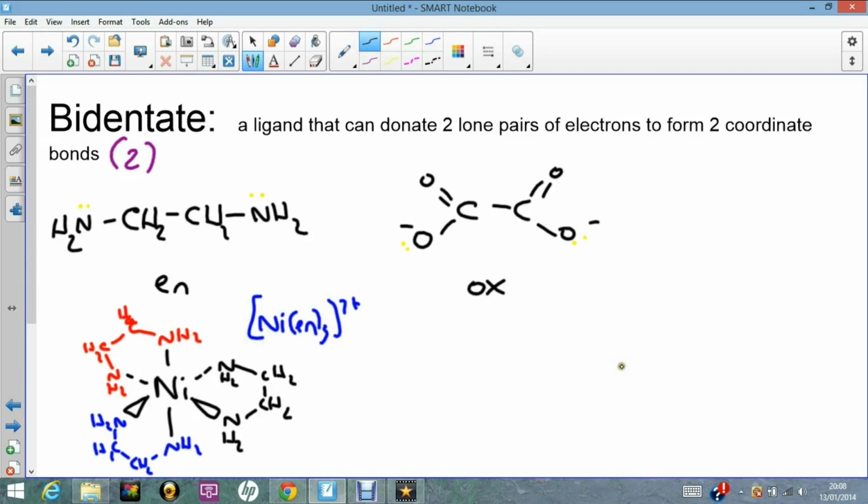Similar thing with the oxalate ion. It's exactly the same process. I've identified that it's the oxygens that have the lone pairs. So I'm going to start here, put the oxygens on, and then I'm going to fill in the bridge. That's 1.